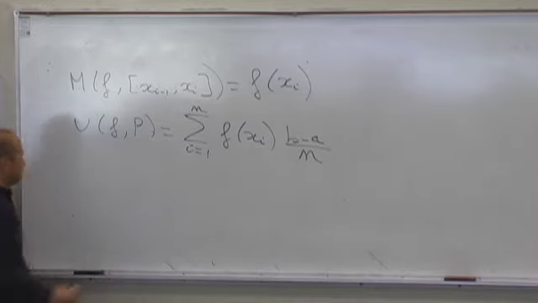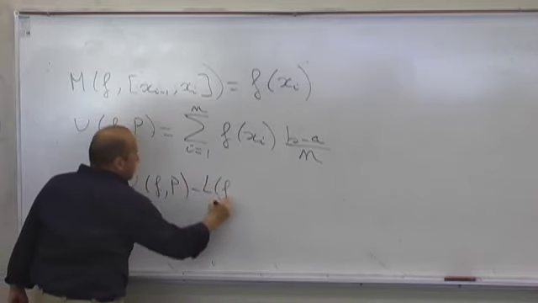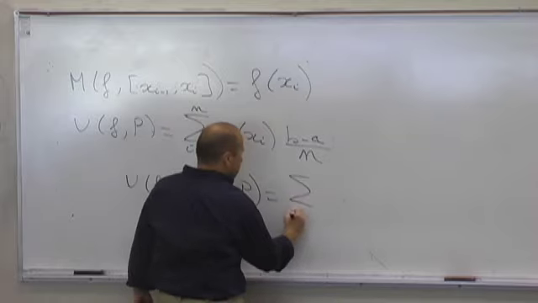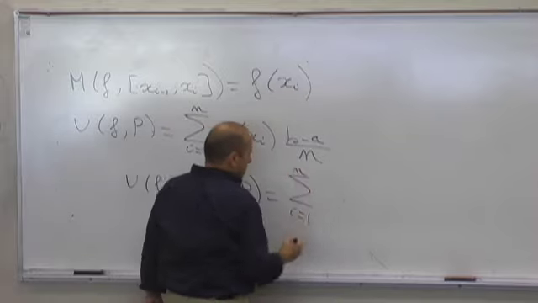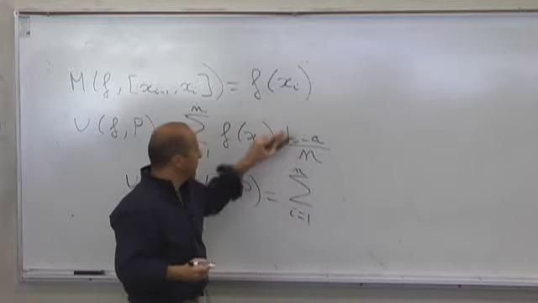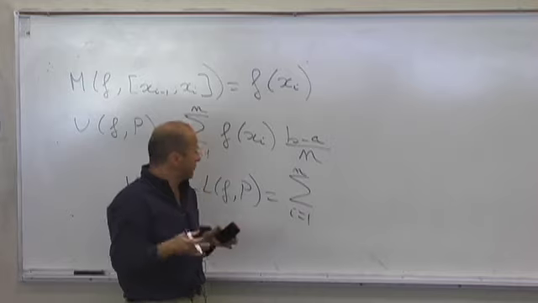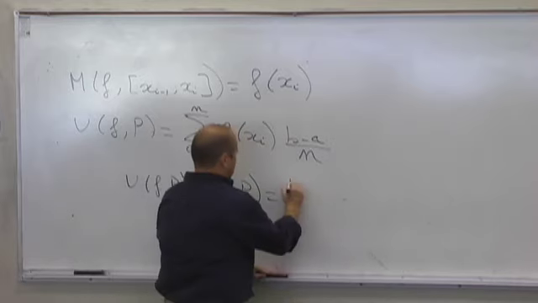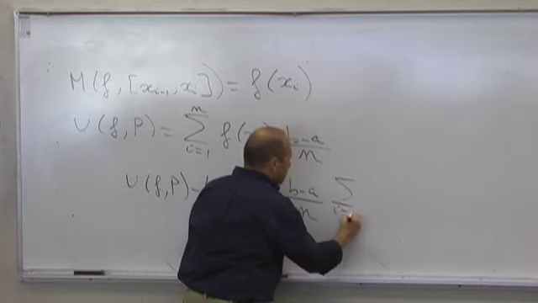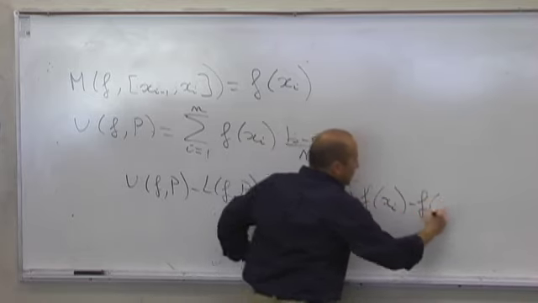Then we do the difference. The difference is the sum. We can pull out this (b minus a) over n, and that's the point of taking an equidistant partition. And then we'll have f of xi minus f of xi minus 1.